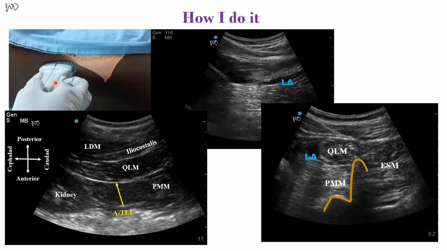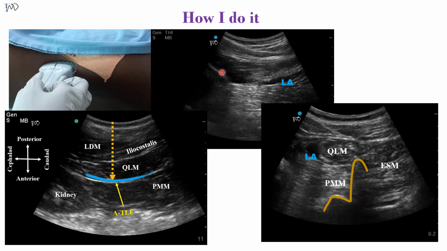The needle is inserted in a posterior to anterior direction, and the tip is placed between the epimysium of quadratus lumborum muscle and the anterior layer of thoracolumbar fascia. After negative aspiration, the local anesthetic is deposited at this plane.